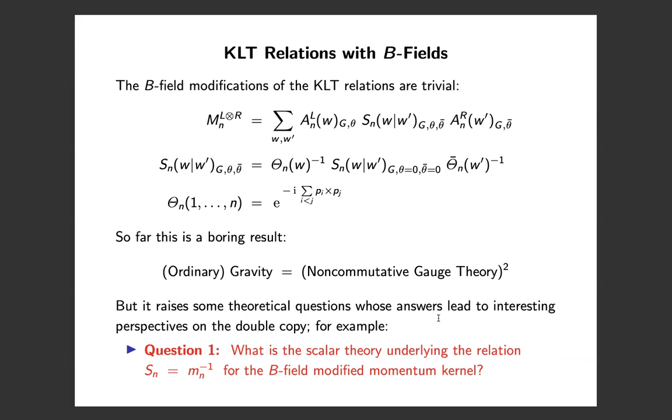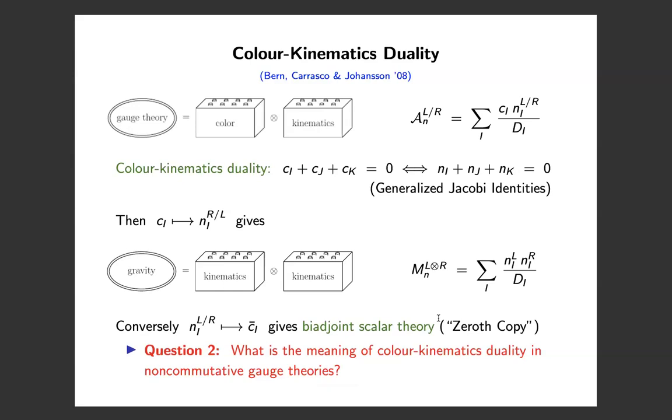There's a second question that comes up, and to state that question, let's look at another perspective on the double copy. This was introduced much later than KLT, around 2008 by BCJ, and it's the notion of color kinematics duality.